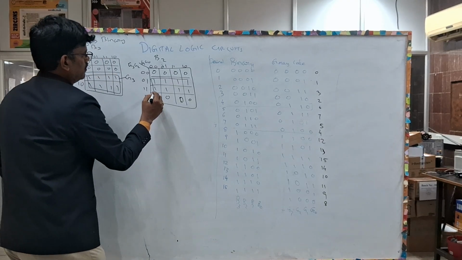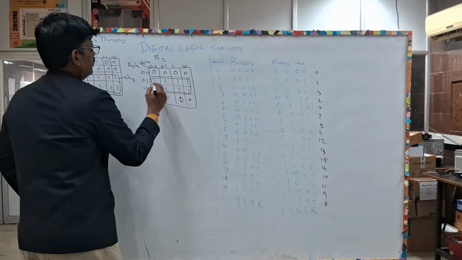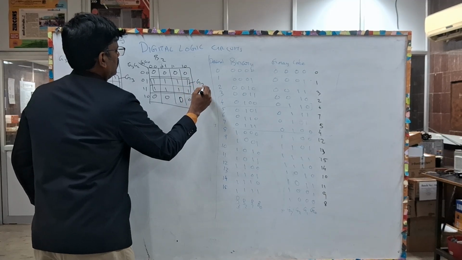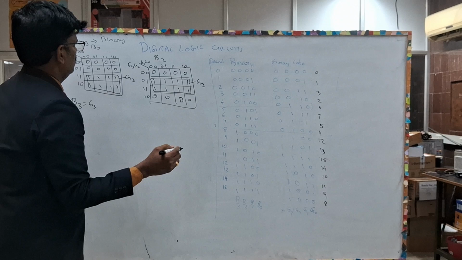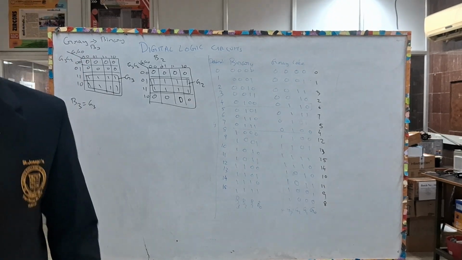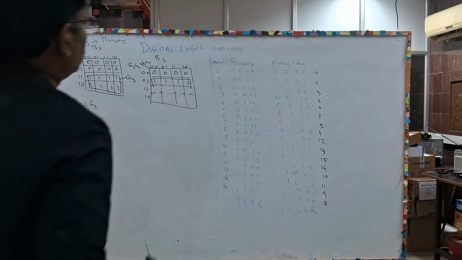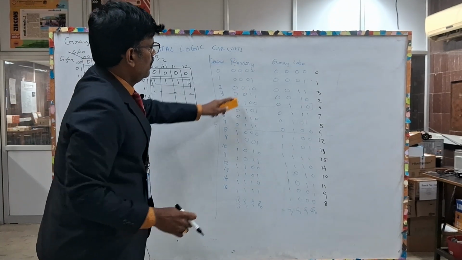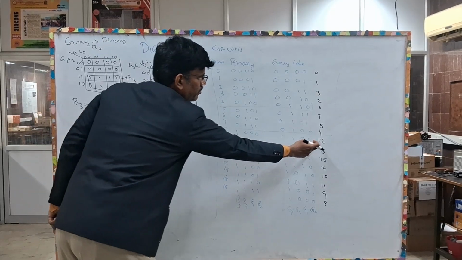Of the values available, we are trying to check these values. So these are zeros and these are ones, and here we have the input combination.